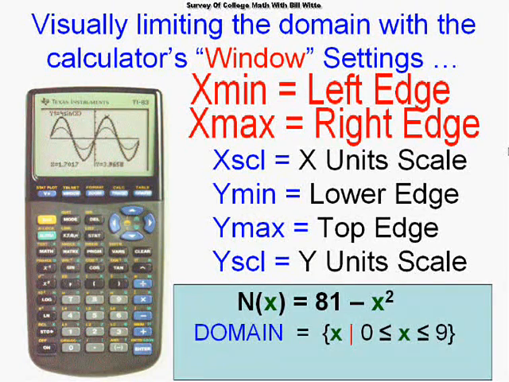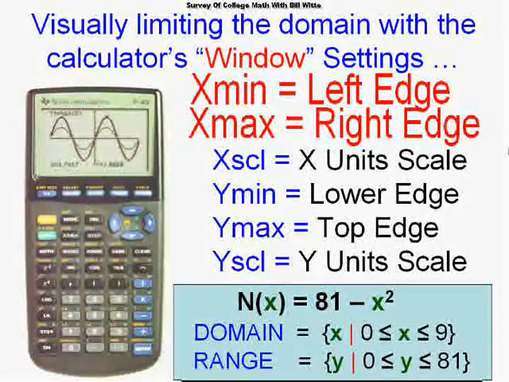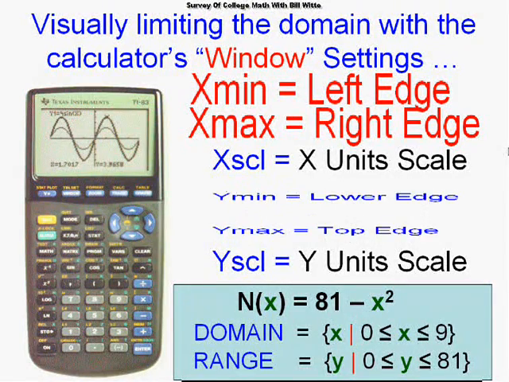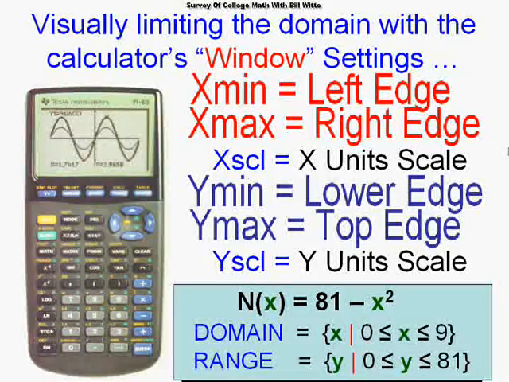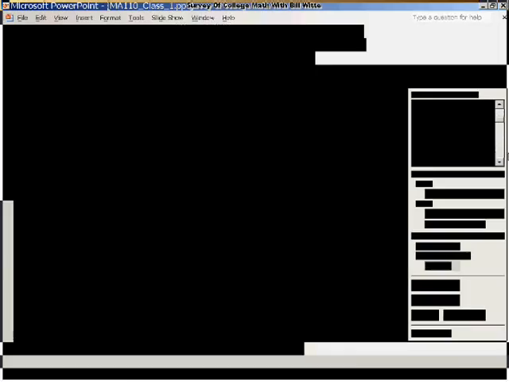And then I'm going to limit the range. I'm going to limit the y value and make it go from 0 to 81, because those are the only numbers I'm interested in. That's as high as it'll get. I figured that out already. So let's try that with the calculator: 0 to 9 as far as my x's, and 0 to 81 as far as my y's.